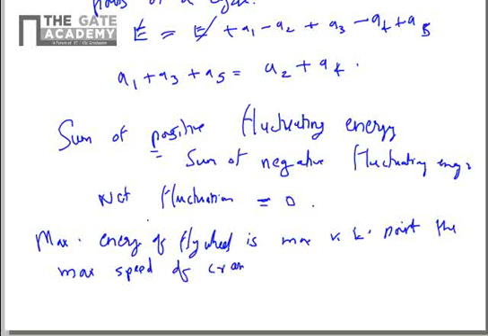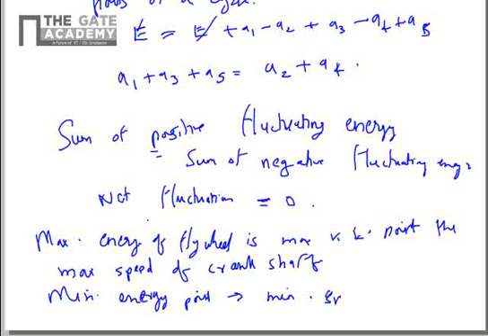Maximum angular speed of the crankshaft. Similarly, you will have a minimum energy point, and for the minimum energy point, the minimum speed of the crankshaft will occur.